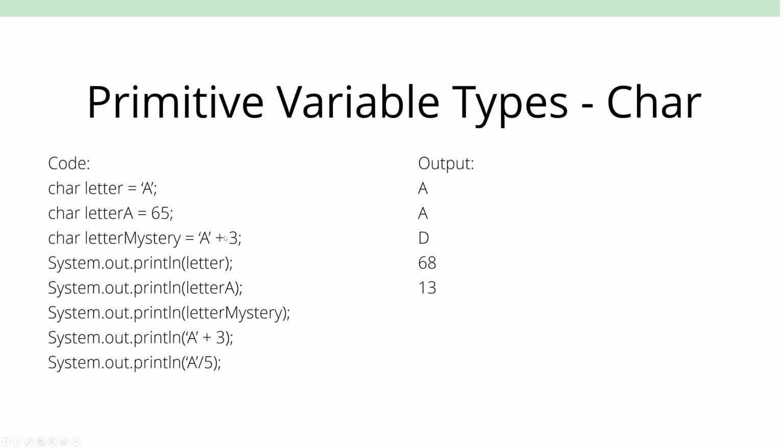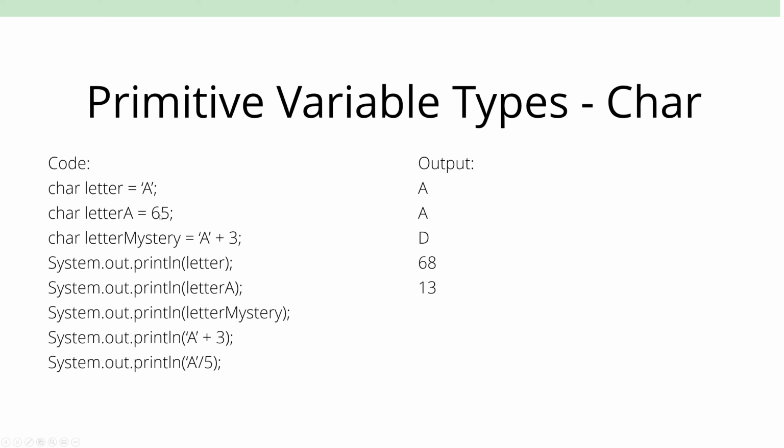So when we print out letter, remember, letter is a variable that has been declared as char type. It's going to see that letter is storing 65, but then it's going to know, oh, letter is a char type, I'm going to print out the character equivalent. So it prints out capital A. Similarly, when I print letterA, it sees that letterA has been declared as a char type.